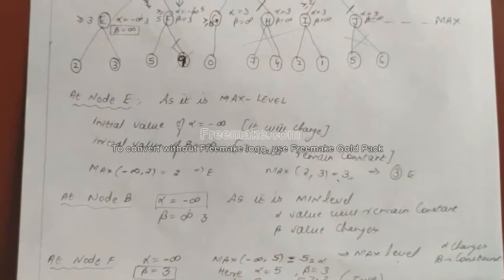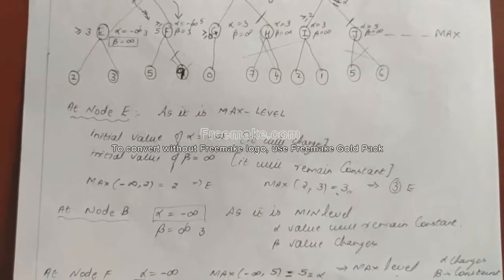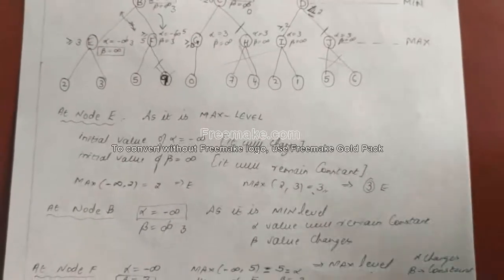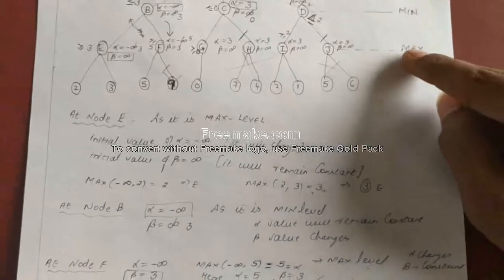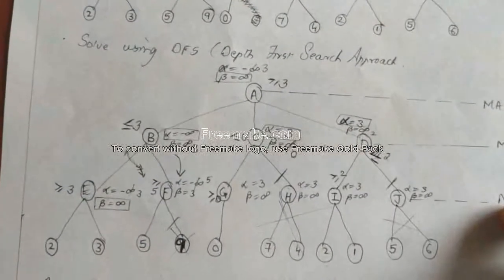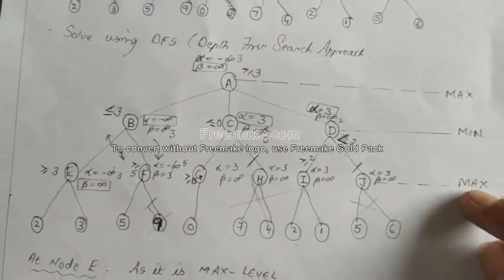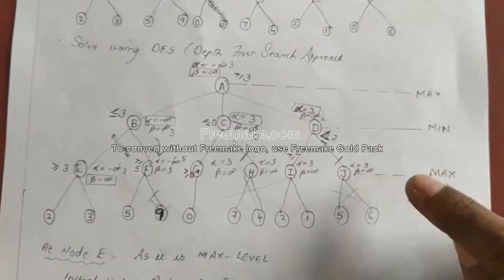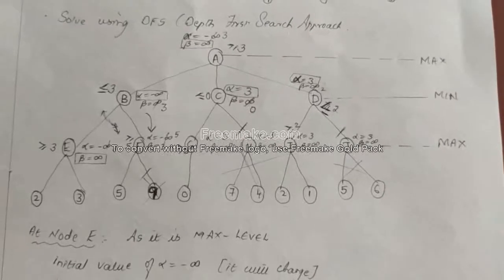So for the max case, the initial value of alpha is equal to minus infinity and the initial value of beta is equal to infinity. As I already discussed, in the max case, alpha keeps varying, that is, the value of alpha keeps changing and beta remains constant.